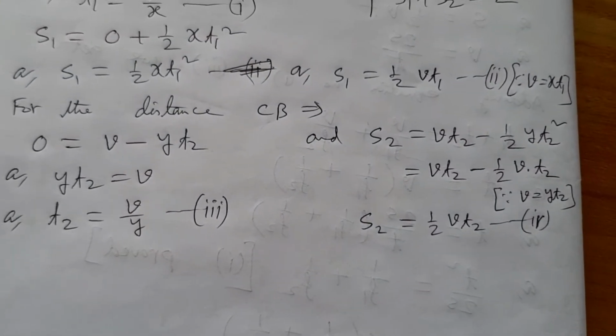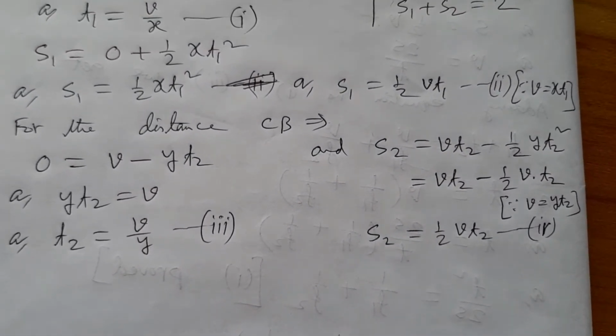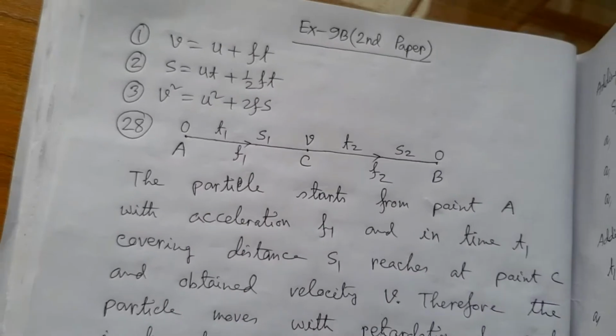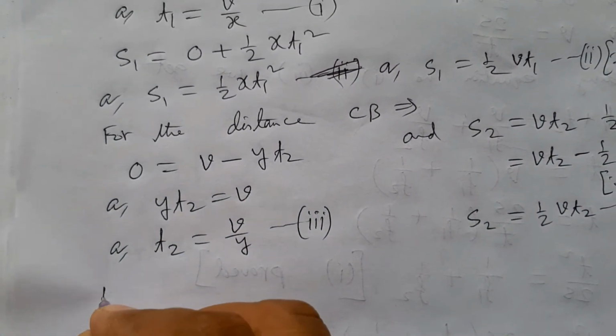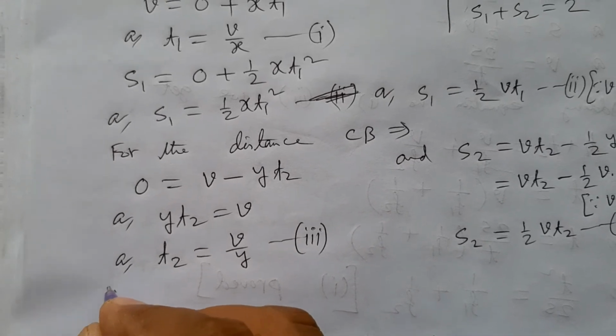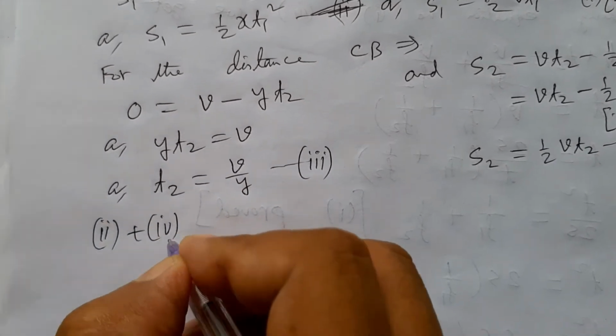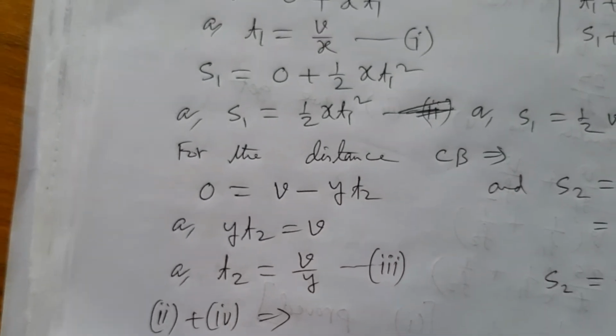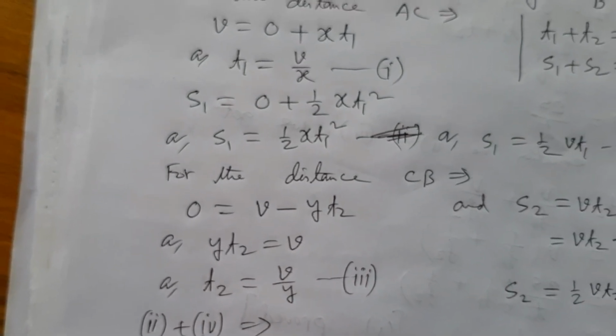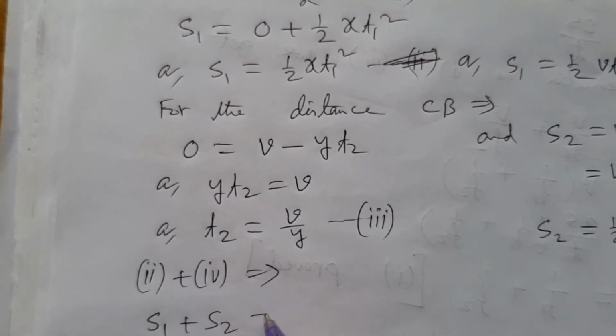So just similar equation like the previous question. So now at first we will add equations 2 and 4. Then we get s1 plus s2.